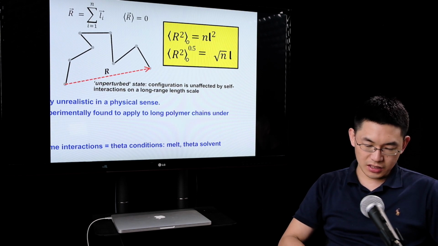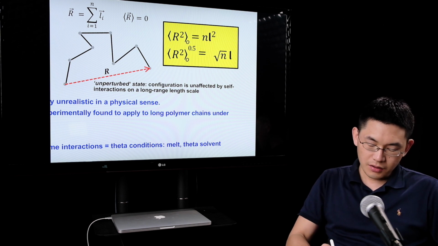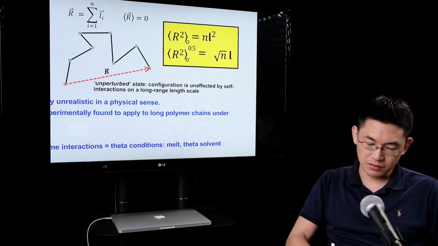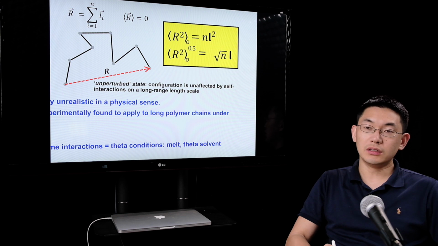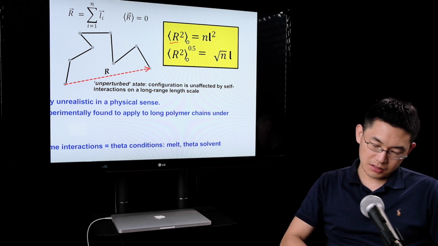The end-to-end distance will be the same as what we discussed. R square, end-to-end distance square, will be equal to N L square. Please be mindful that here the end-to-end distance has an L square component in it.